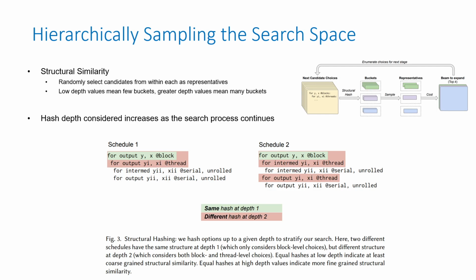But then as you get deeper into the transform chain, you can afford to be more granular. So you expand it a little bit. Once you expand the level, let's say to a second level, to a third level, then they are not the same anymore. So basically this should be two separate candidates. That way, you keep the number of samples low and eventually get to the granularity level to make the right choices.